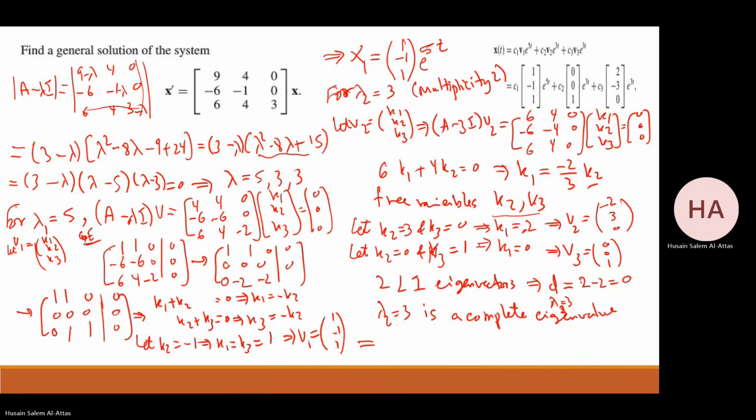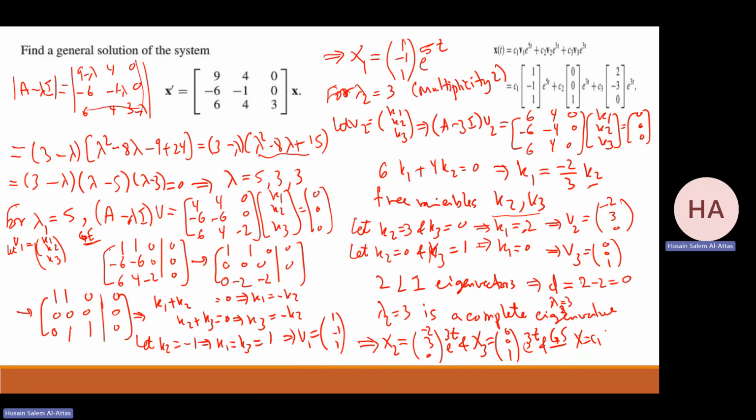That means, what will be my solution? X2, write the first eigenvector, e to the power, what was lambda? 3t. And x3, the other one. What will be my general solution? I have now 3 solutions.